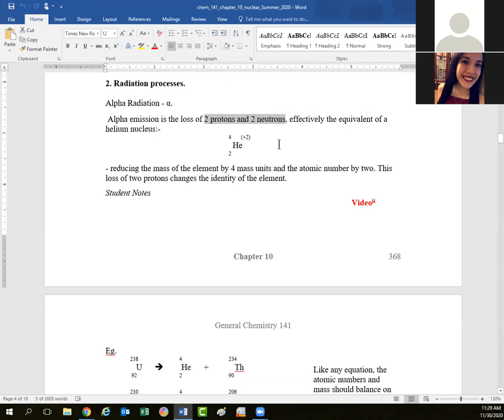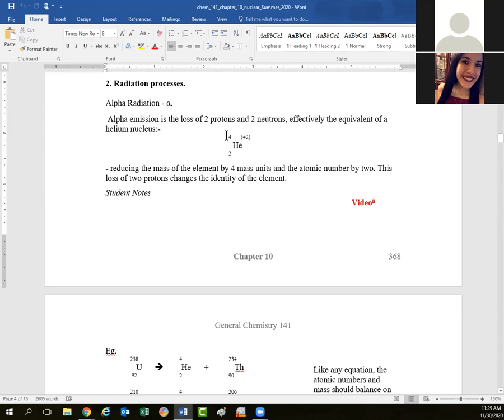Each time, the atom emits 2 protons and 2 neutrons, effectively.